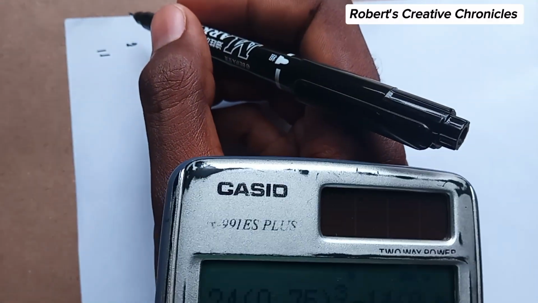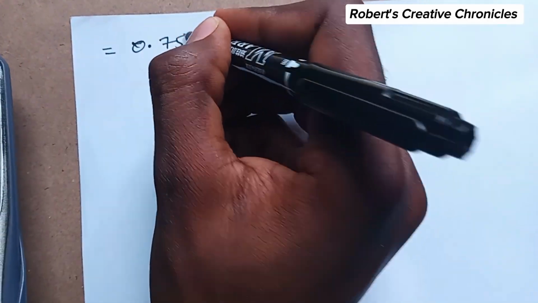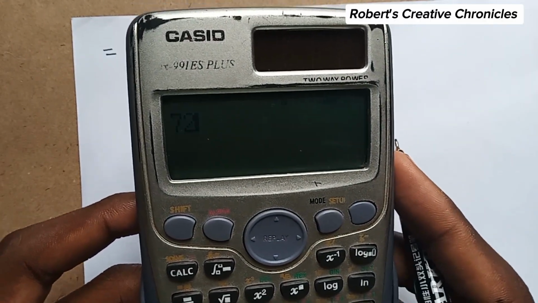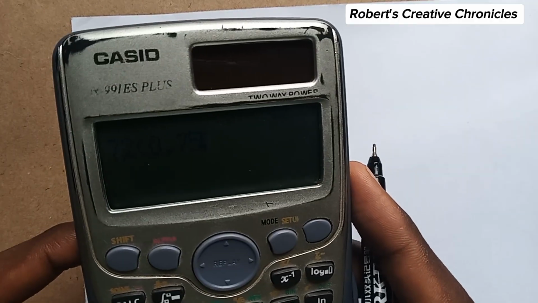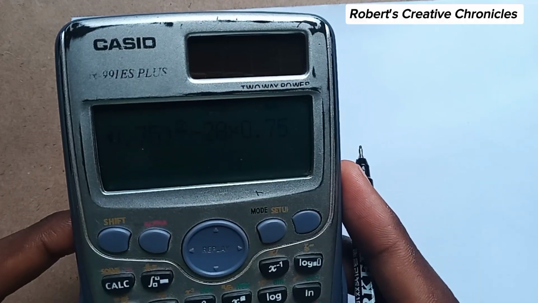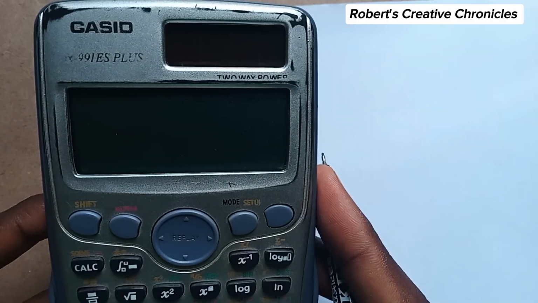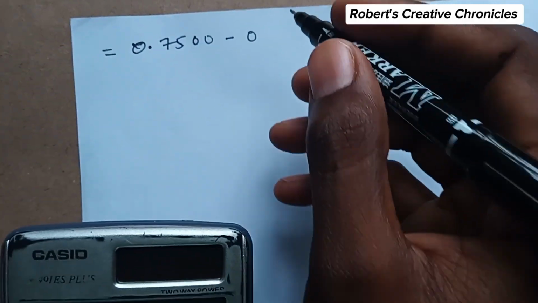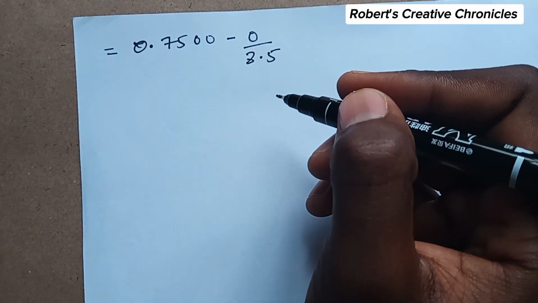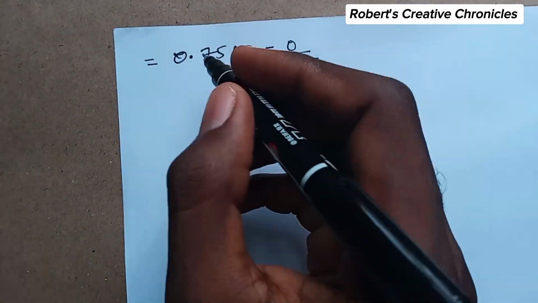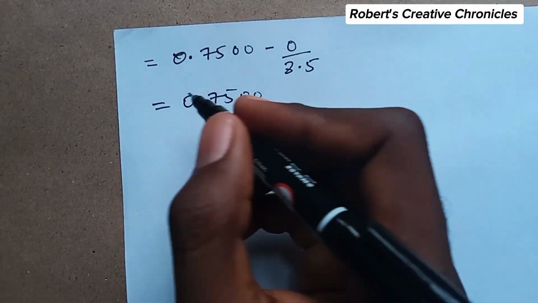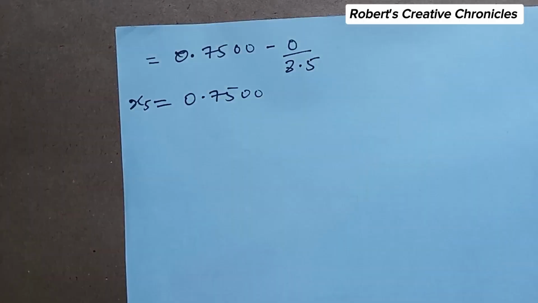The numerator is 0, so 0.7500 minus 0, since 0 divided by 8.5 is automatically 0. So our x5 is this.